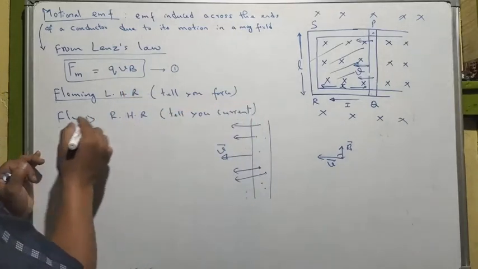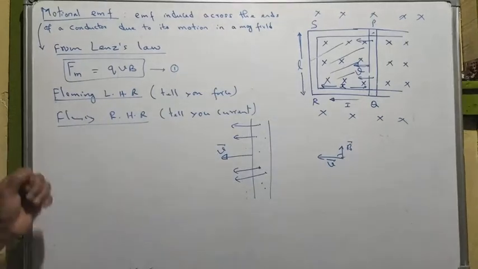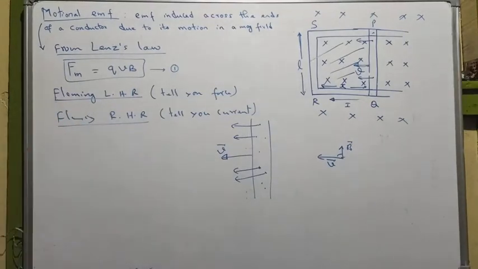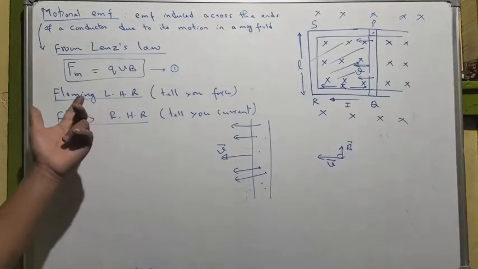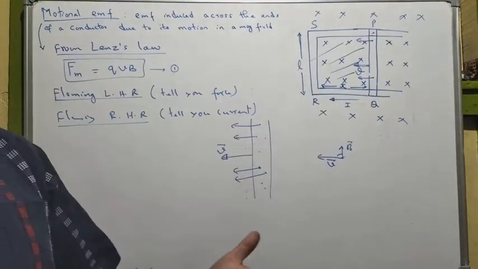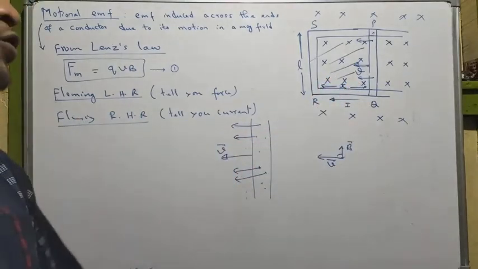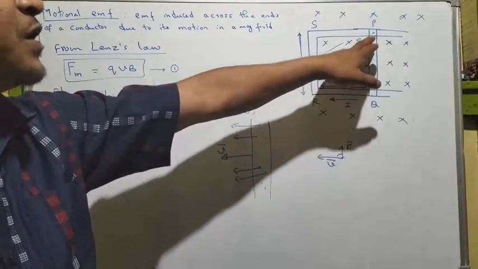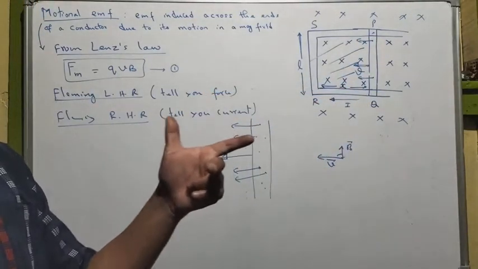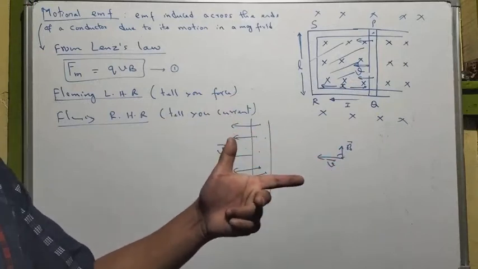So please note down the difference between these two rules, Fleming left hand and Fleming right hand. Applying this Fleming left hand rule to find out the direction of the force experienced by these electrons in the conductor, let me come to the Fleming left hand rule.